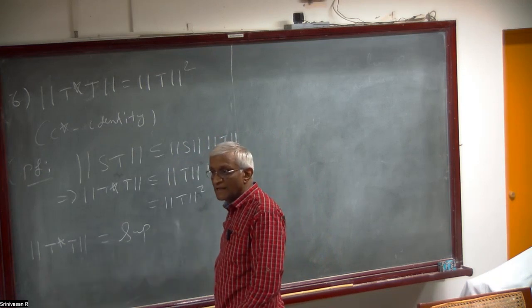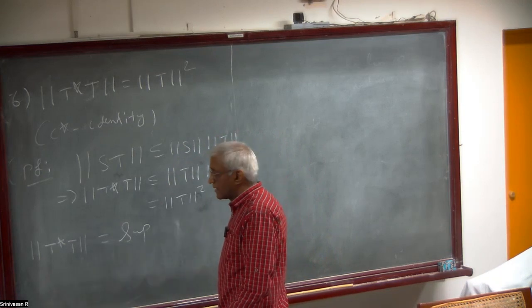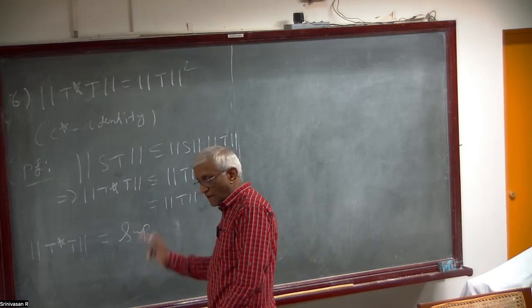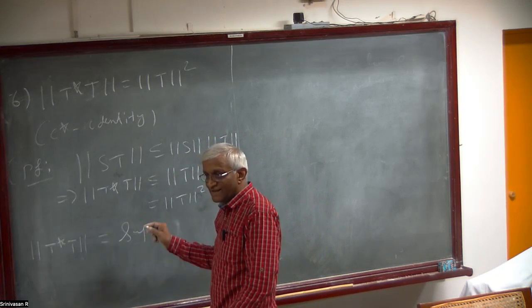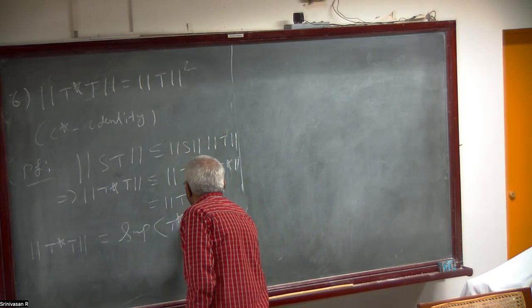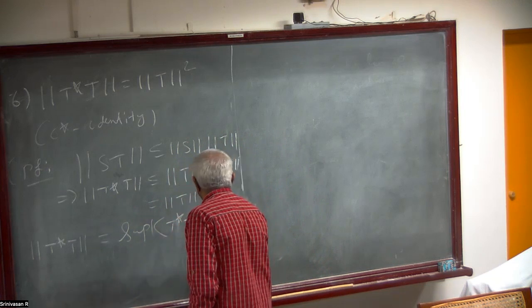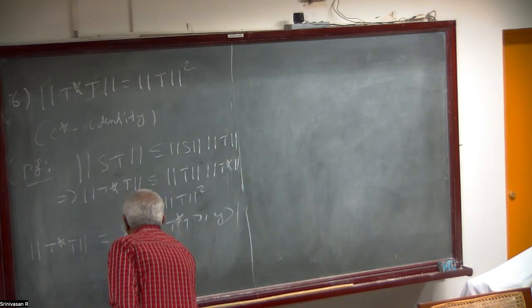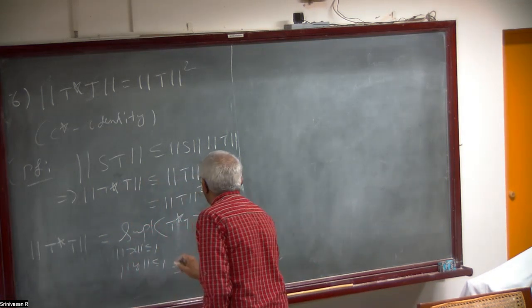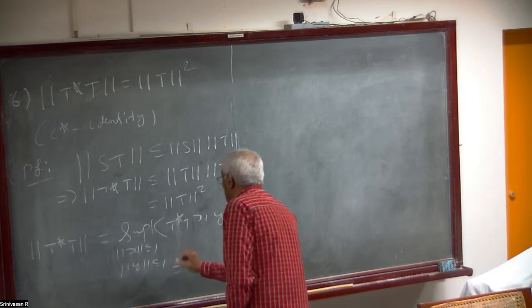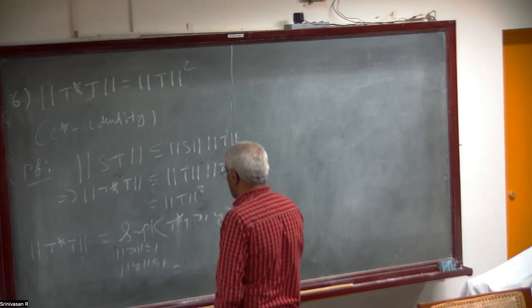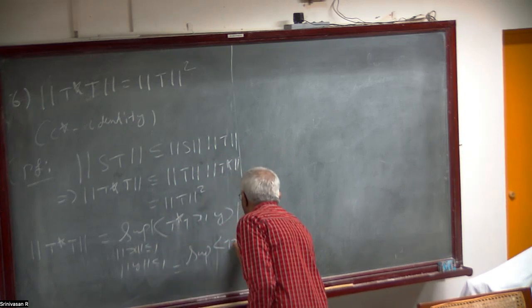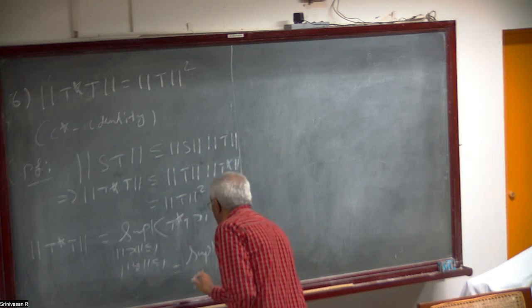I'm just wondering whether it's actually working in the right direction. Hopefully it will work. This is equal to the supremum, you can take the T star out, so this will be the mod of inner product Tx, Ty, the same supremum.